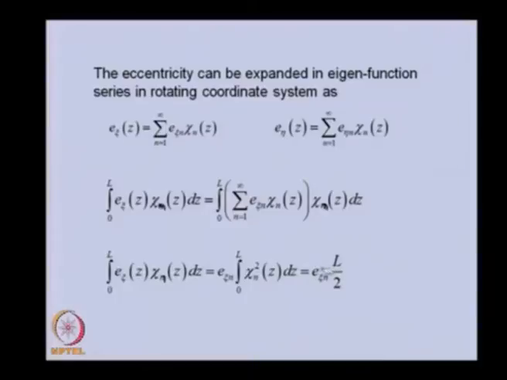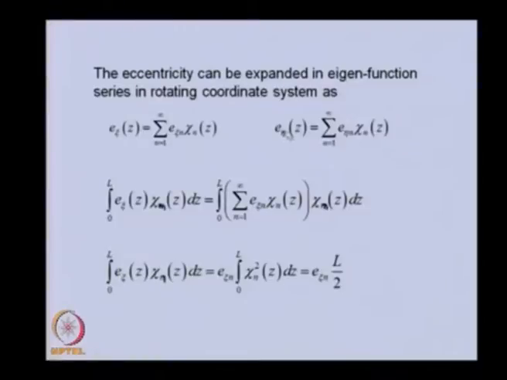Now you can see, we can get the constant E xi n from this, so 2 by L times this. This is the eccentricity variation in the direction of xi along the z direction.